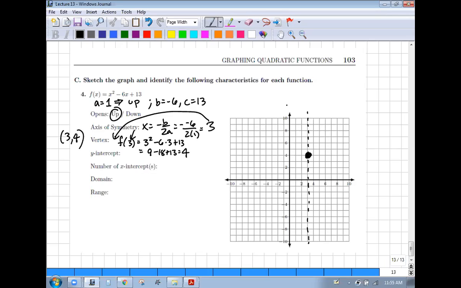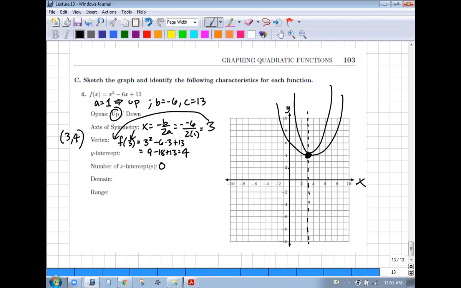This thing opens upward, so it either looks like this, or it looks like this, or it looks something like that. To find out exactly what it looks like, because it opens up like this, it never crosses the x-axis, so the number of x-intercepts is none. But to see which version of this it is, we need to find out where it crosses the y-axis.